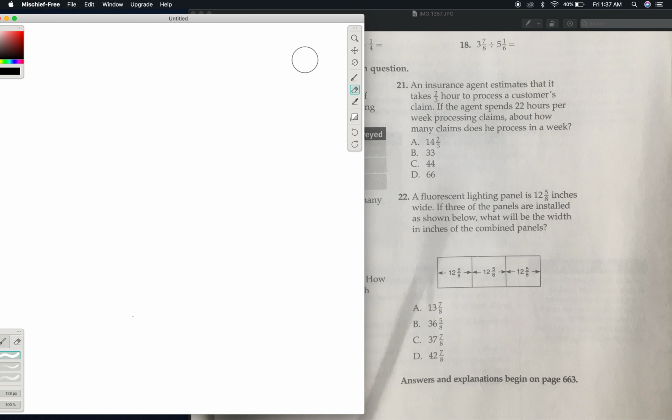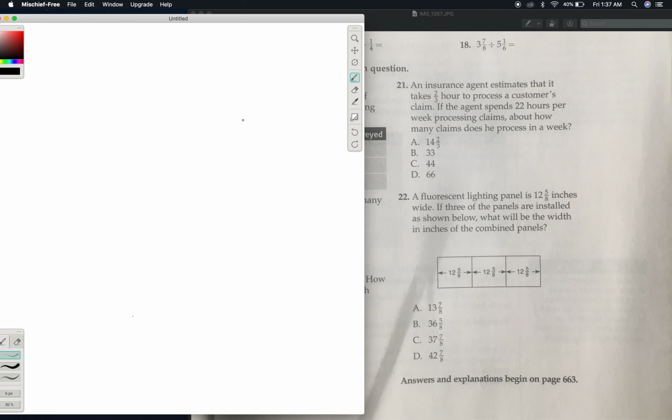Okay, so an insurance agent estimates, this is number 21 by the way, that it takes two-thirds of an hour to process a customer's claim. If the agent spends 22 hours per week processing claims, about how many claims does he process in a week?